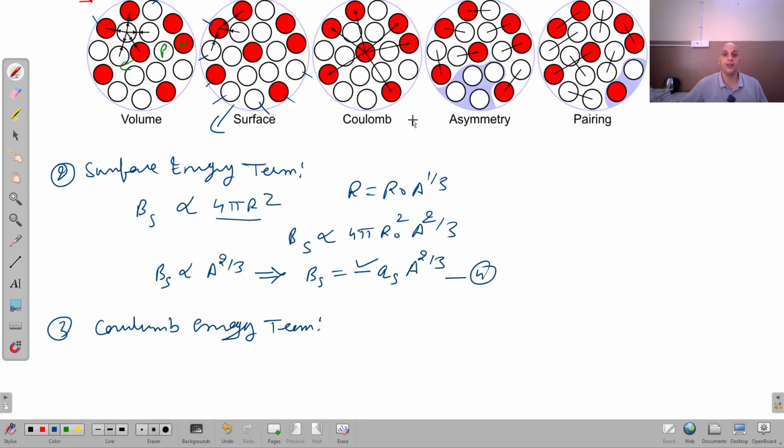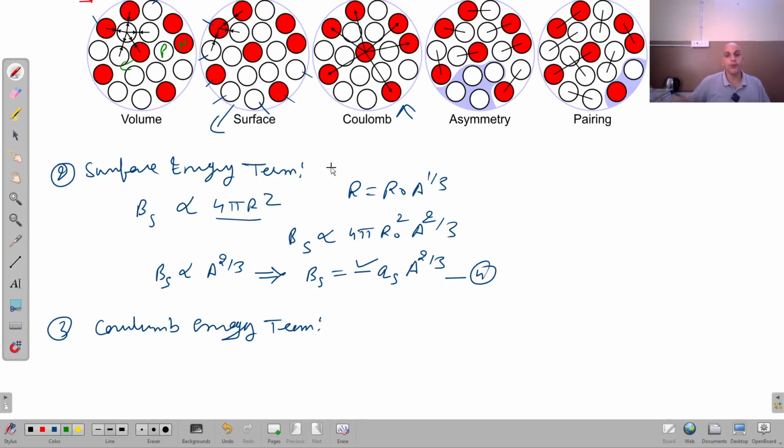You can see here in the Coulomb energy term, they have taken these red circles as protons. I have written here a red circle as neutron, so don't confuse with it. It is our own choice. So you can see here the protons are repelling each other.